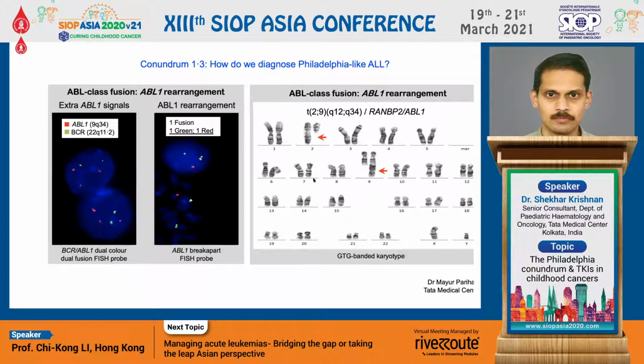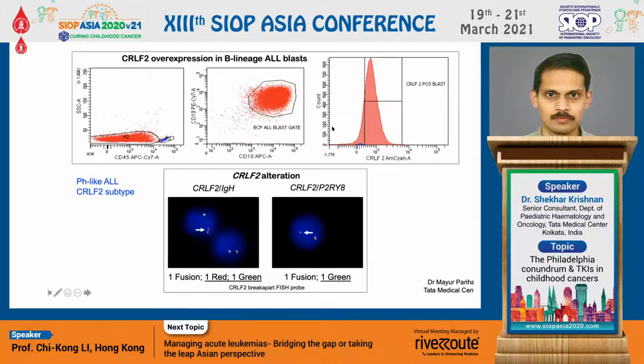Now, CRLF2 can be picked up by flow cytometry. I won't go into this too much, but I just want to qualify what was mentioned earlier, that diagnosing CRLF2 alone is not sufficient. CRLF2 must be accompanied by genomic alterations which deregulate its activity, either because of translocations involving IgH, or intragenic deletions which bring together the P2RY8 promoter with CRLF2.